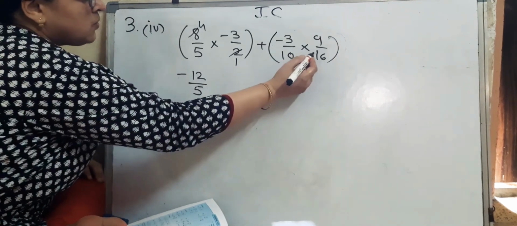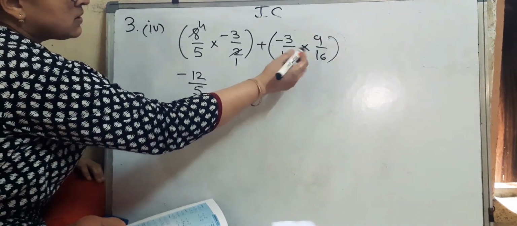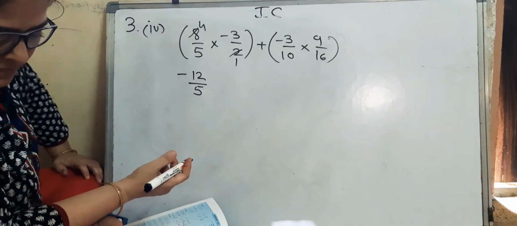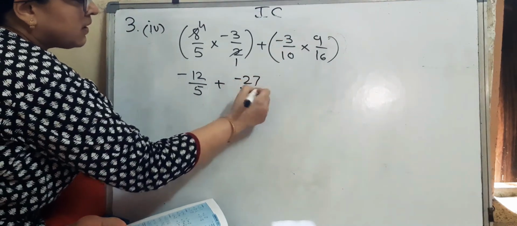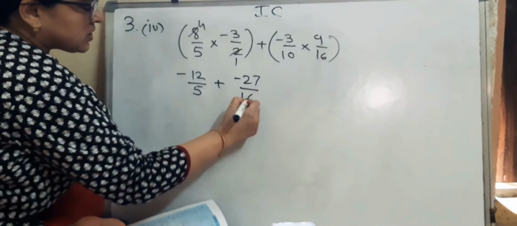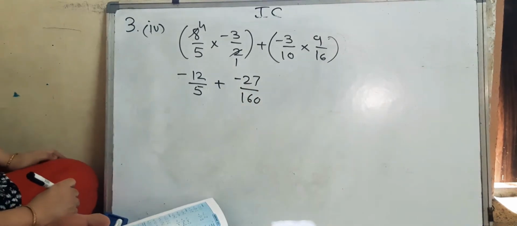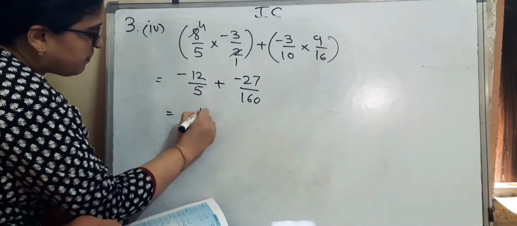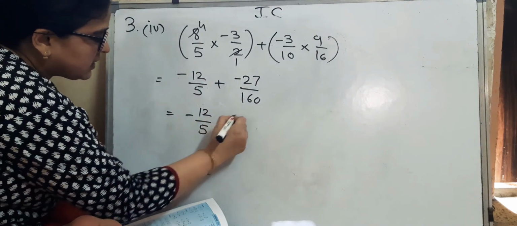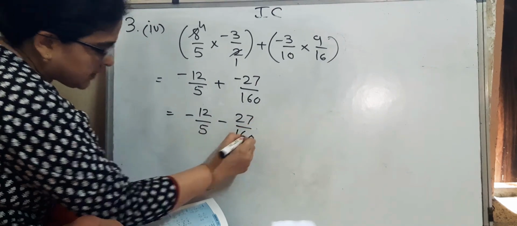Now here also you can solve, there is no any common factor, right? So 9 threes are 27 and 10 16s are 160, right? Now this plus minus it will turn into negative sign, minus 27 upon 160.